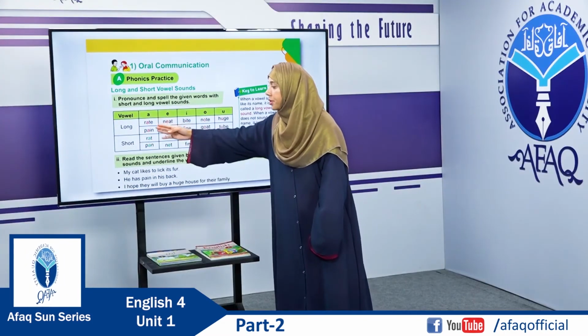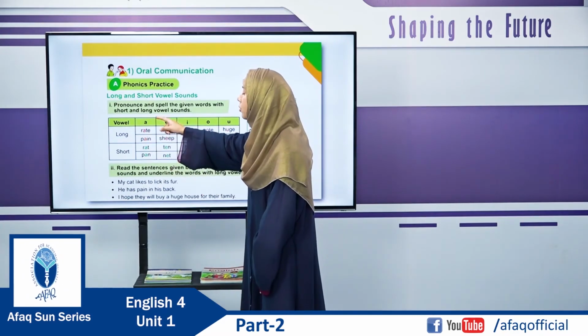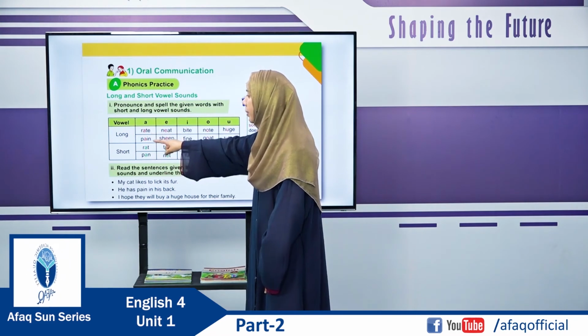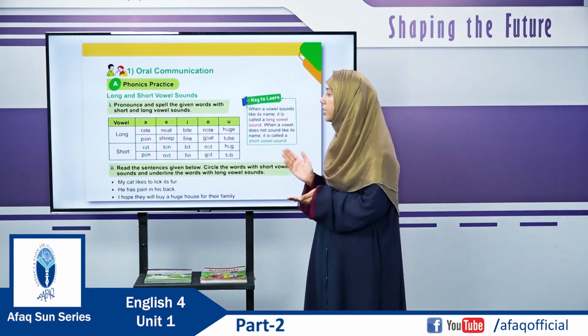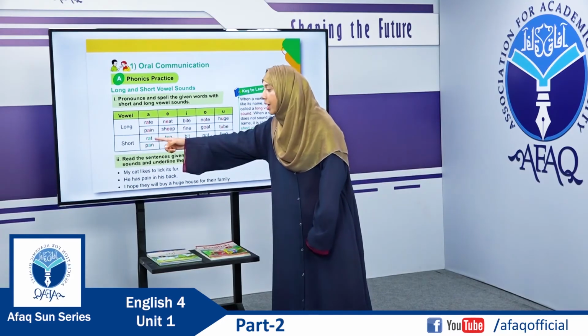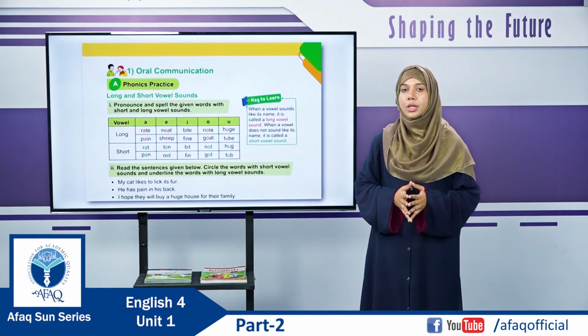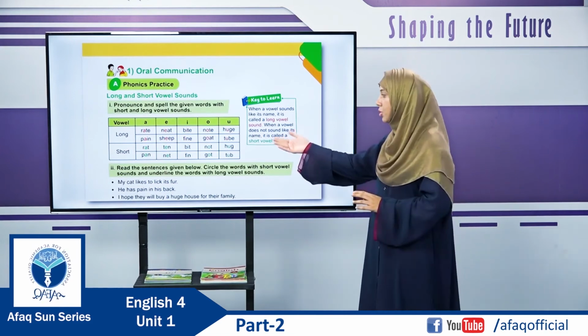Example words have also been provided here. For example, the long sound for vowel letter A is in rate, pain, and the short sound for vowel letter A is in rat and pan. In the same way, you can study the words with long and short sounds of all the vowels in this chart.